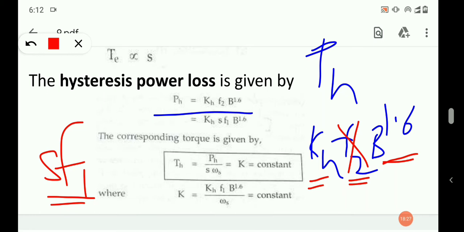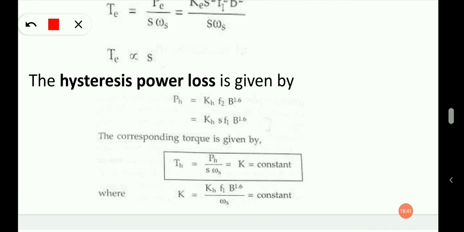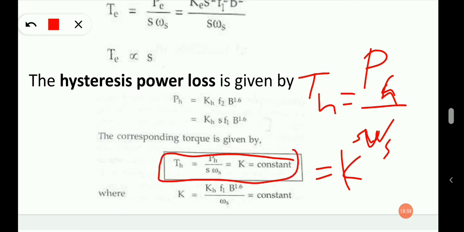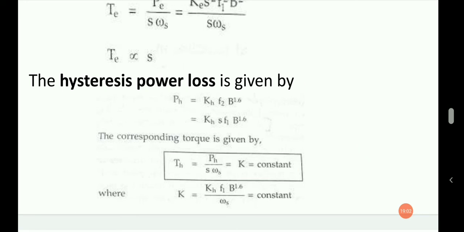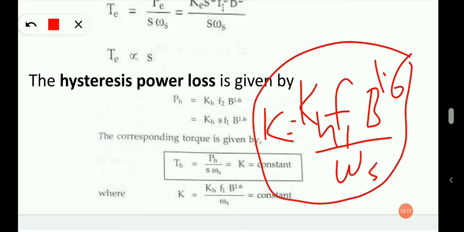The corresponding torque is given by TH equals PH upon S omega S. Okay, this is the corresponding torque, and it equals K, which is a constant, where K is given as K equals KH F1 into B raised to 1.6 upon omega S. This is the value of K and it is a constant.